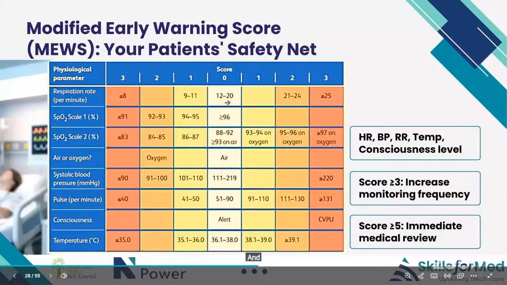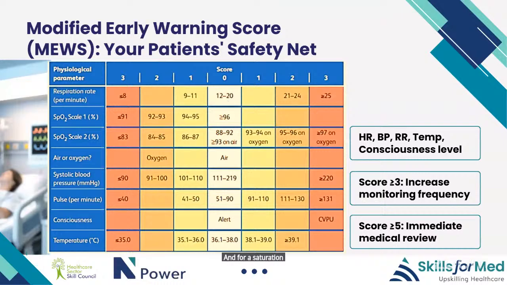For saturation, for a normal patient it should be more than 96, and for a patient with COPD, this will be the value. Whenever these things go away from the normal, two things happen: a score is given, and also a color coding is given. So this is very easy.